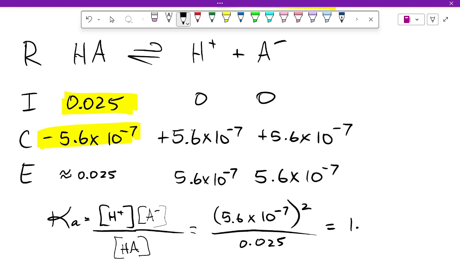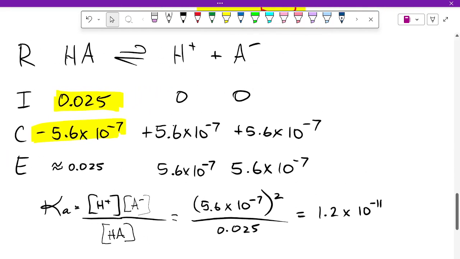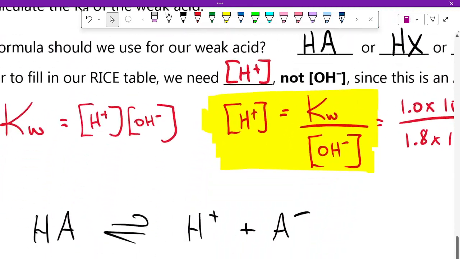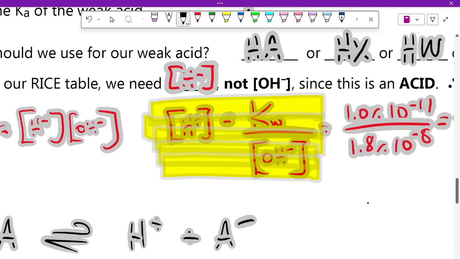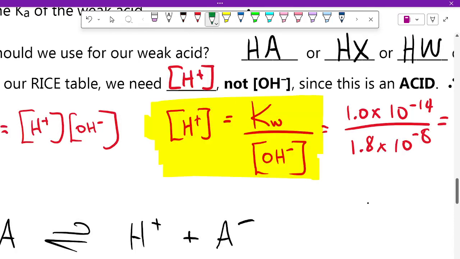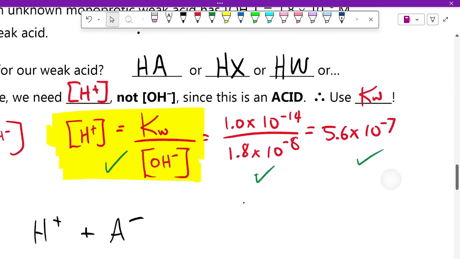Did we get 1.2 times 10 to the negative 11? Yes? Excellent. Okay, so check your work to see if you got full credit. Did you write this? Did you show your plugging in? Did you get the correct number? I would actually use 5.55.